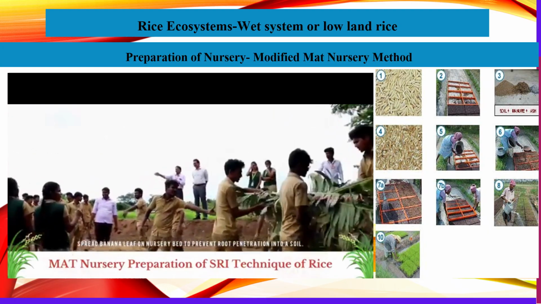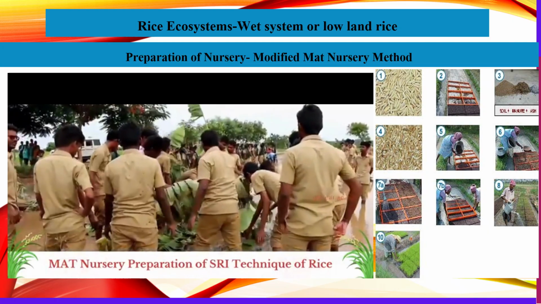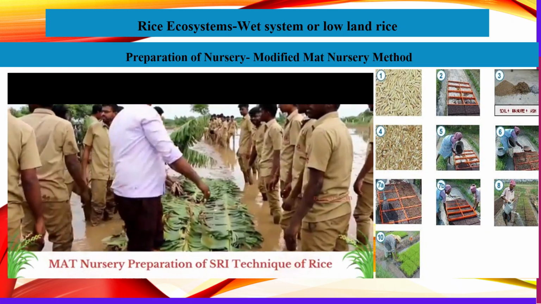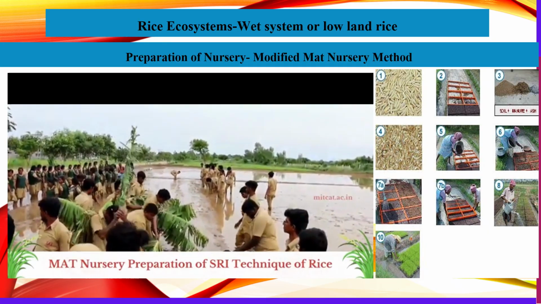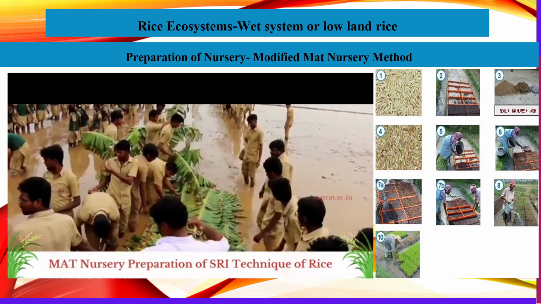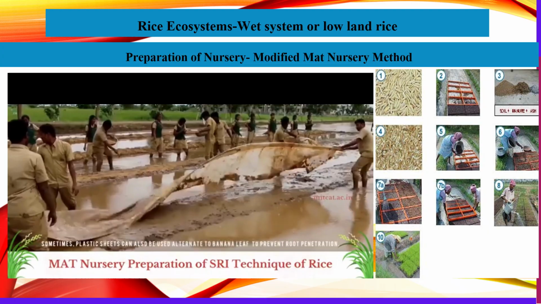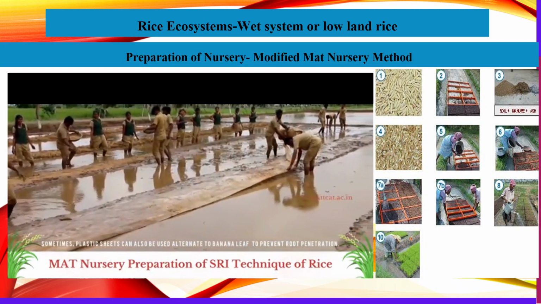Spread banana leaf on the nursery bed to prevent the root penetration into the soil. Sometimes, plastic sheets can also be used instead of banana leaf to prevent the root penetration.